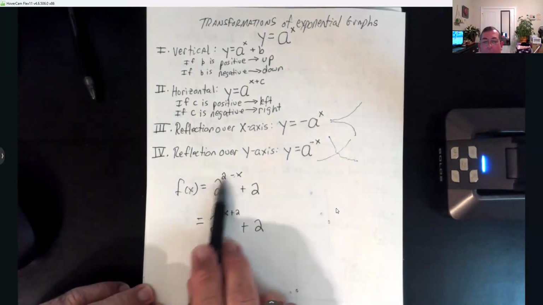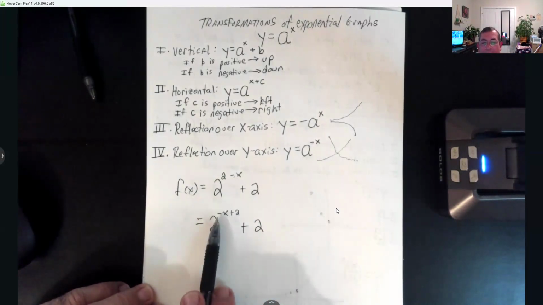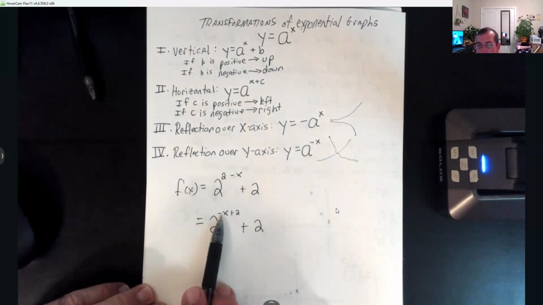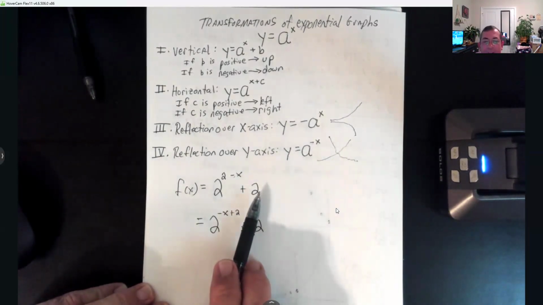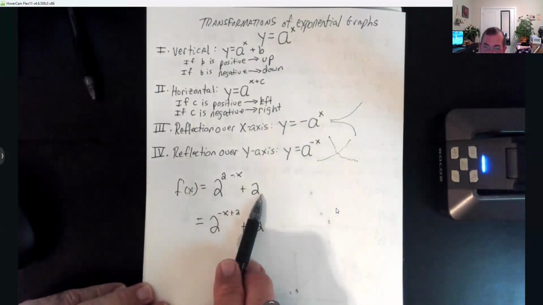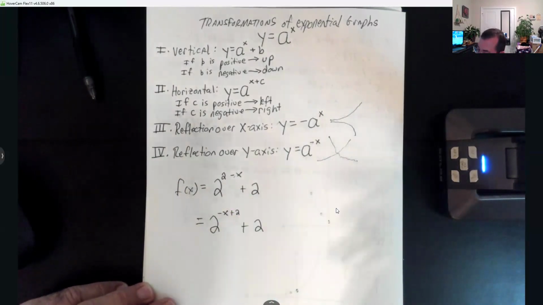Order doesn't matter here. So if you rearrange it, you got the x first, because that x is doing something to this graph by being a negative. And this 2 is positive. It's doing something to the graph. And then this 2 at the end is doing something to my graph.